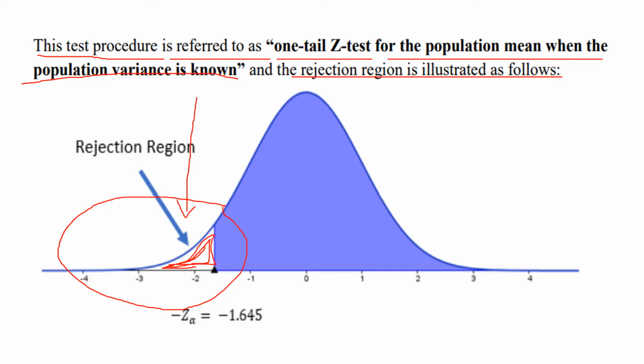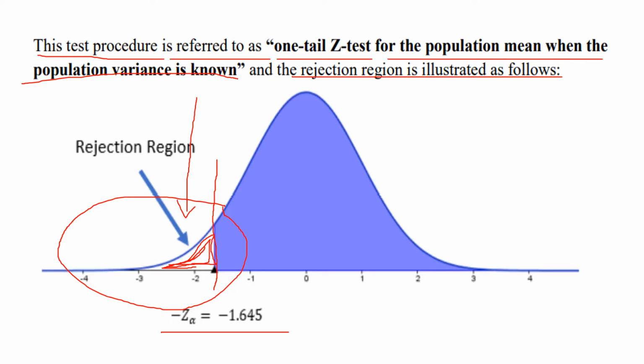Now, your critical value is negative C sub alpha, which at 0.05 is equal to negative 1.645. If we plot this, it will fall here. As I said in our previous video lesson, your critical value serves as a boundary, a line that separates your rejection region from your non-rejection region.